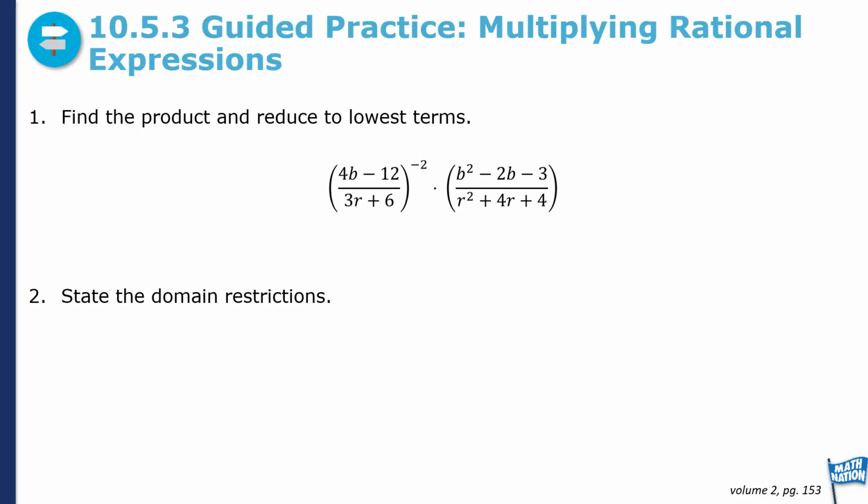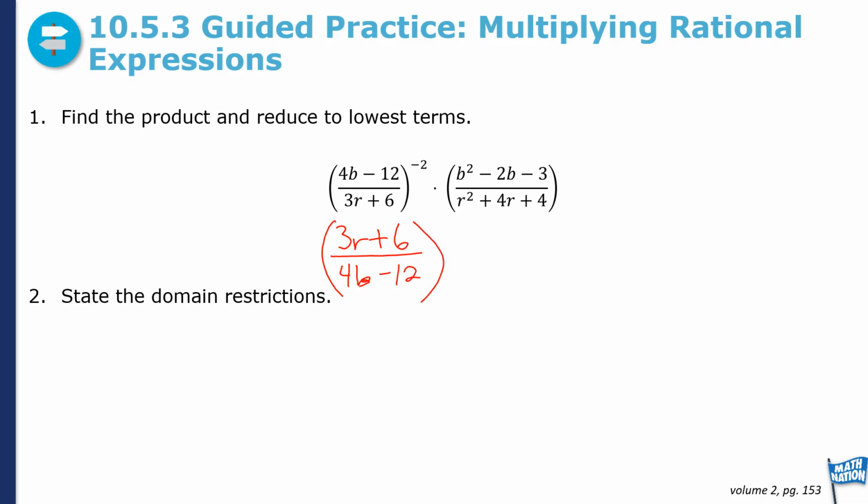is that negative exponent. Going back to the laws of exponents, especially the negative ones. How do we change from a negative exponent to a positive exponent? That's right. We have to flip that fraction. So in doing so, we would end up with 3r plus 6 over 4b minus 12.